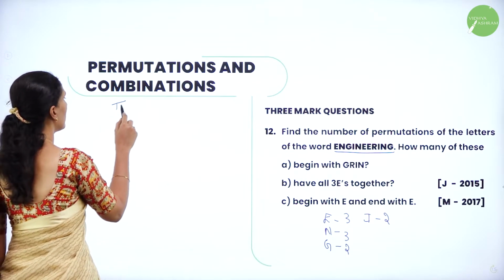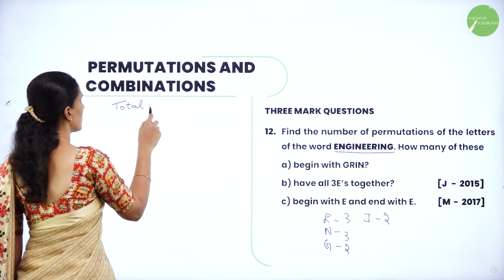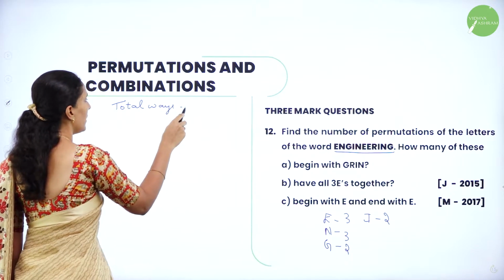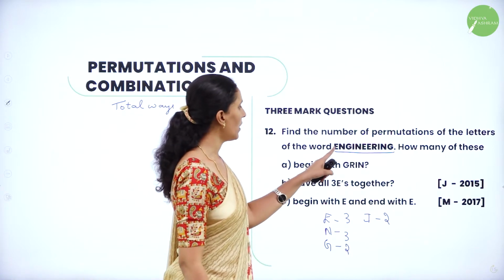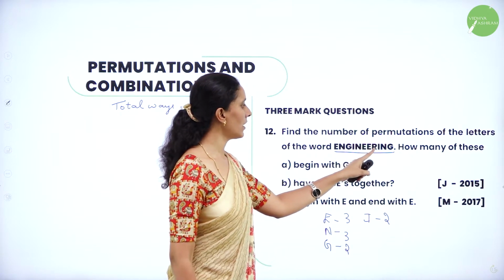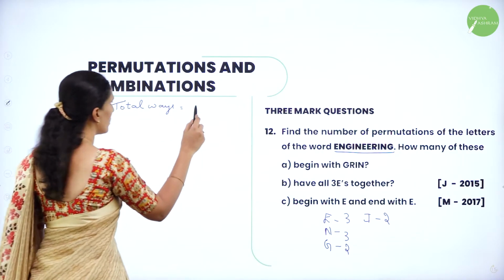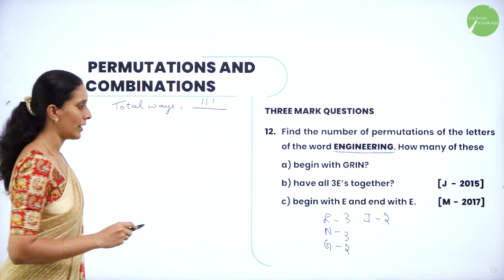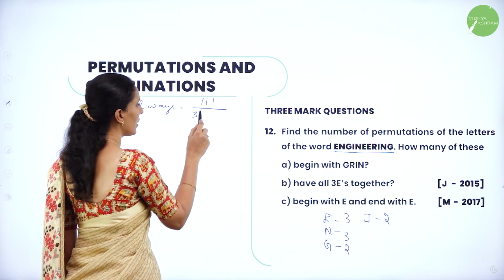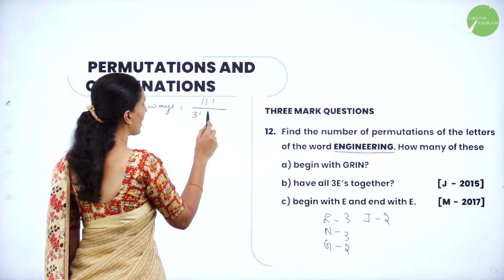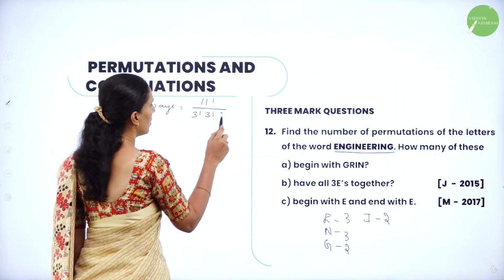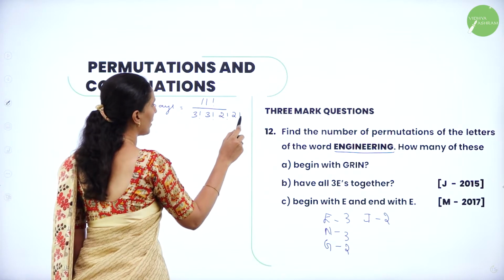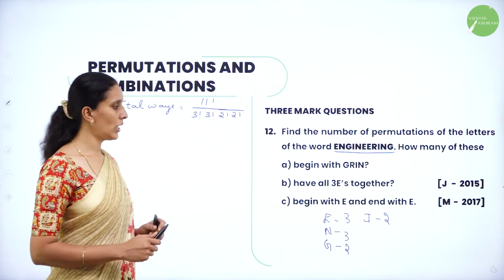So total ways will be, so how many letters do we have? 1, 2, 3, 4, 5, 6, 7, 8, 9, 10, 11. So therefore it will be 11 factorial. Since there is a repetition of letters, we have to divide it by the repetition numbers. So 3 factorial, 3 factorial, 2 factorial, 2 factorial. So this is the total number of ways.